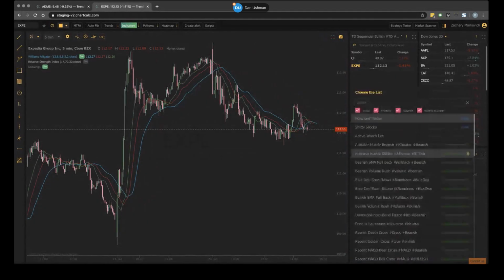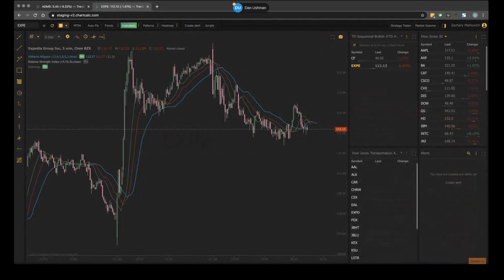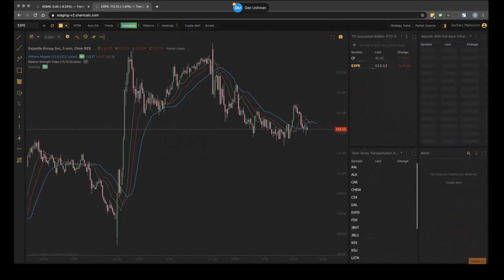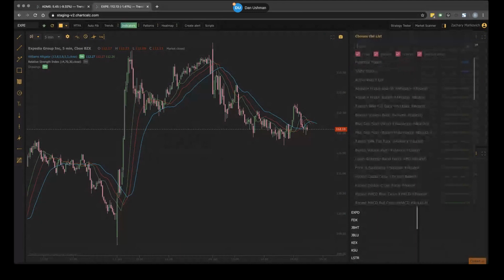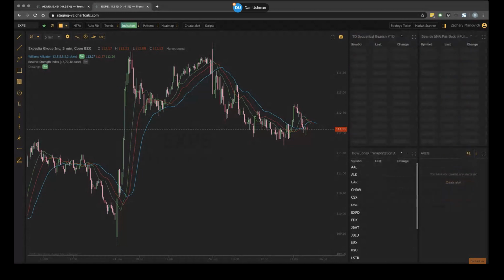And these watch lists can either be a watch list, they can be one of these indexes like the Dow Jones Transportation Index, or they can be a scanner. And any of the saved scanners that the system comes with, or any of the scanners that you develop and save yourself, can be used in here, right? And it's really neat. You can pick out scanners that you've been playing with, right? I'm not sure. Let's do TD sequential bearish. And the system will populate those as a watch list on your screen.